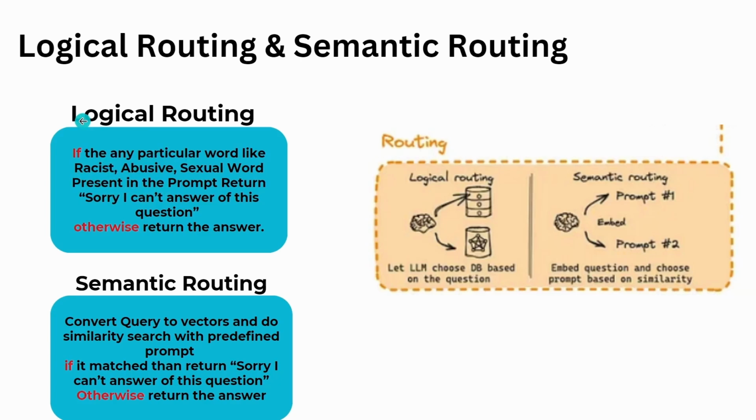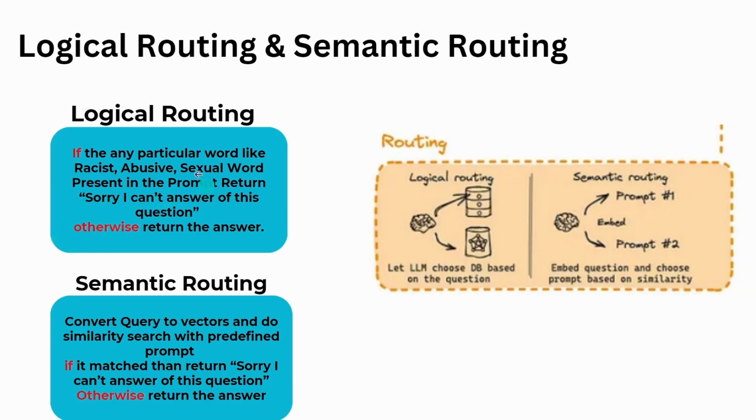How? For example, you have written a particular logic. If you have built an LLM based application, and the person is asking with racist, abusive or sexual words present in the prompt, and if those words are present in the user query, you just return "sorry, I can't answer this question."